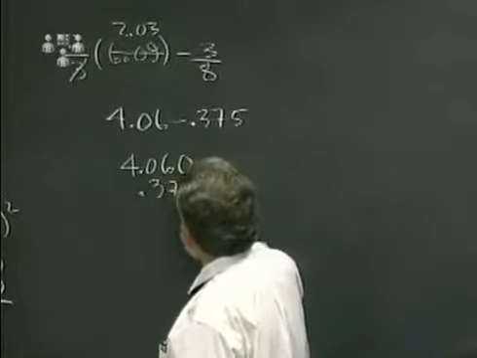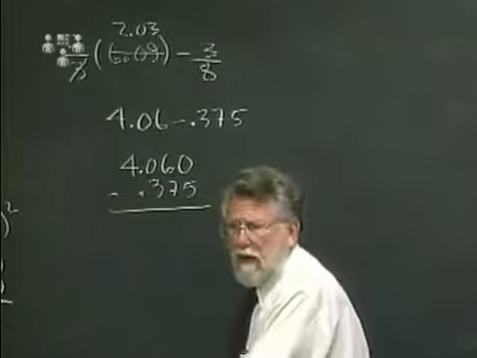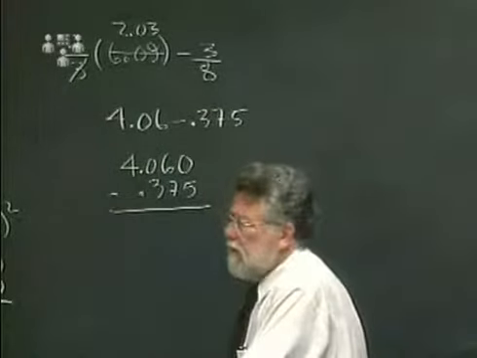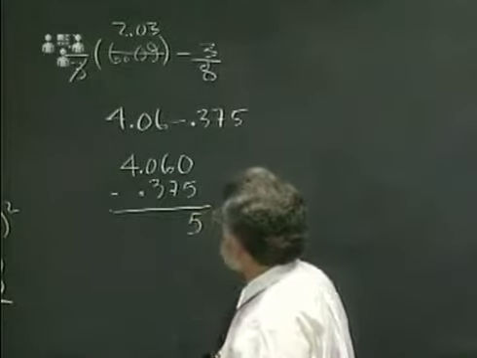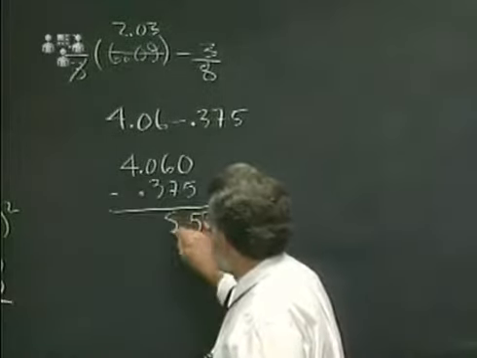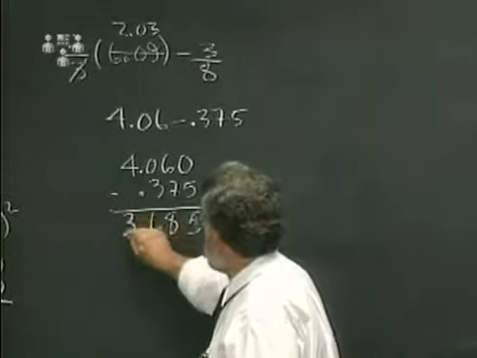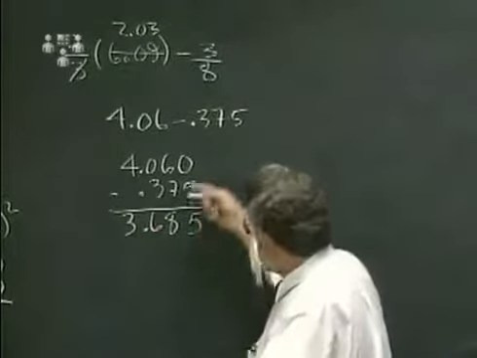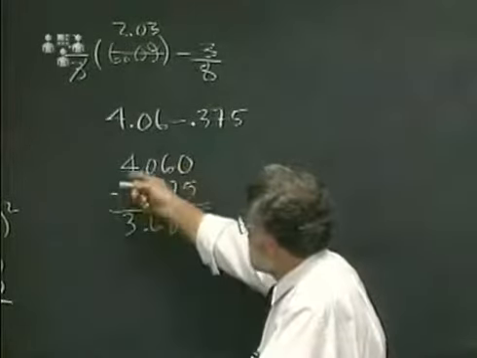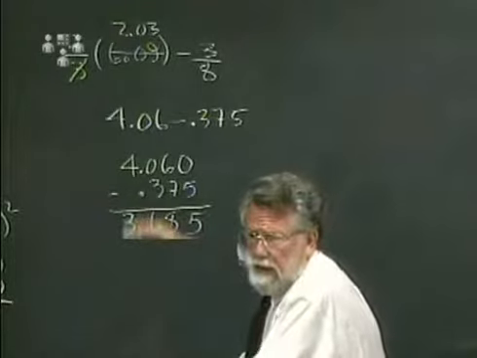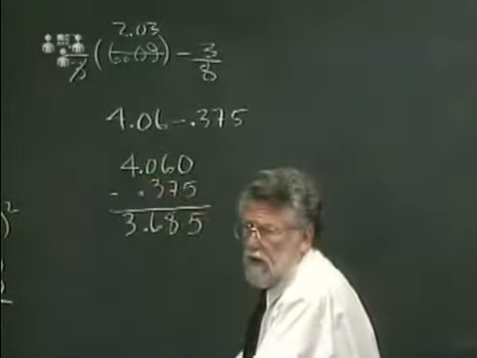I have a 375, and then whether you want to go ahead and do that with the Austrian method or you want to borrow, up to you. But that's going to be a 5 there, and then we have an 8 here, and we have a 6 here, and we have a 3 here. So the 5 and 5 is 10. This is going to give you 16. That's going to give you a 10. Then that's going to give you a 4. This is a positive because in absolute value, this was the larger of the numbers.